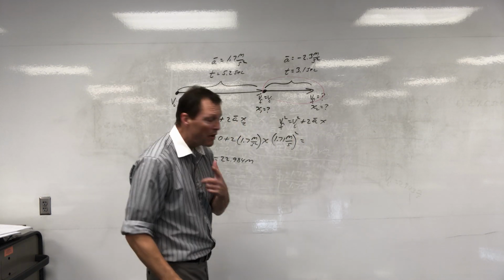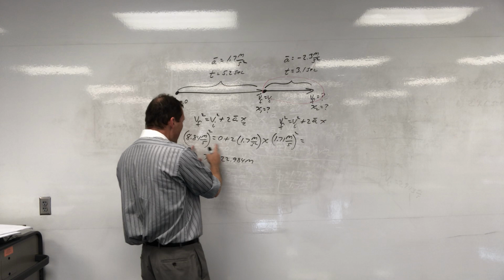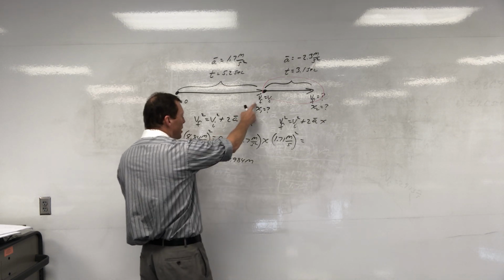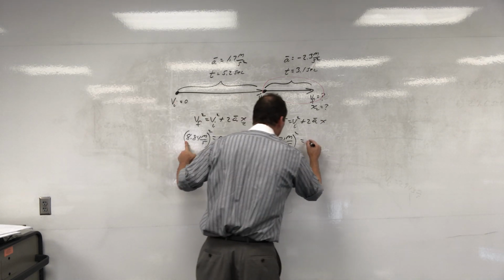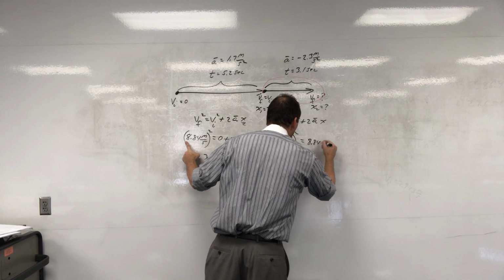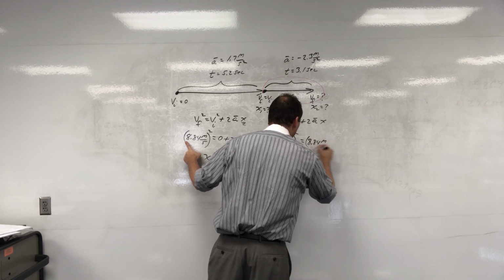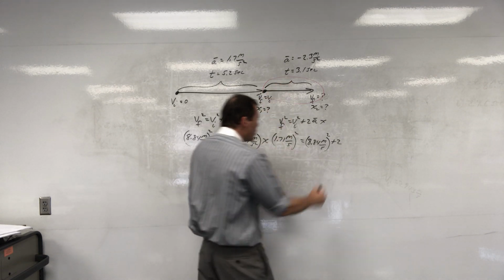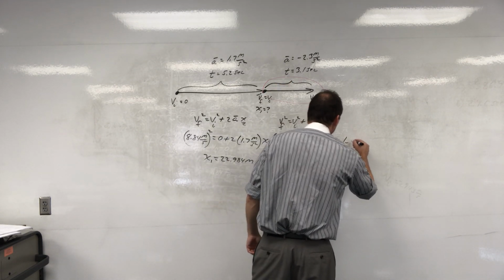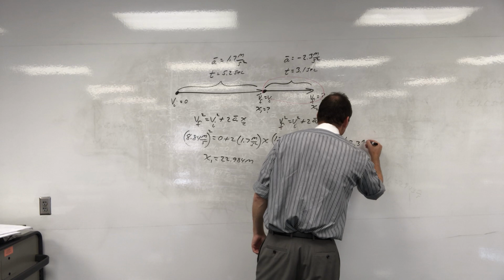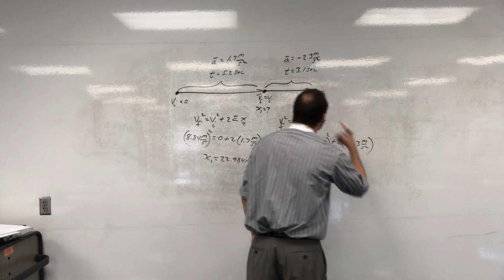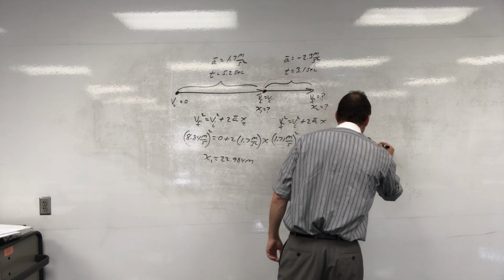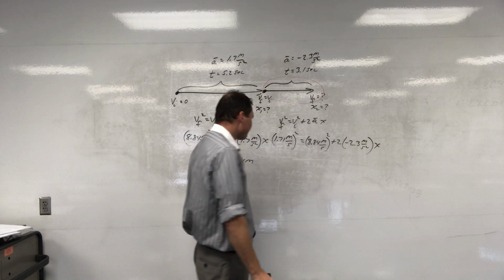My initial velocity is actually this velocity right here. Remember that velocity, 8.84 meters per second, squared, plus 2. My acceleration is negative 2.3 meters per second squared. And then my displacement, that's what I'm looking for.